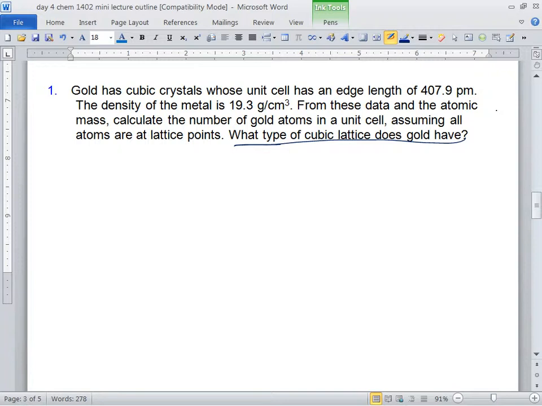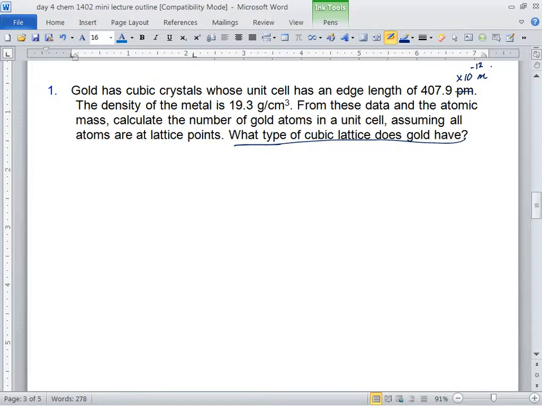Gold has cubic crystals whose unit cell has an edge length of 407.9 picometers. Pico is 10 to the negative 12. Picometers. So pretty tiny. 407.9 times 10 to the negative 12 meters.